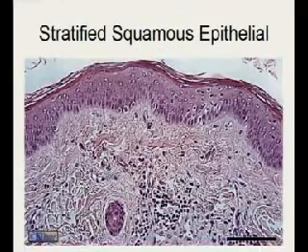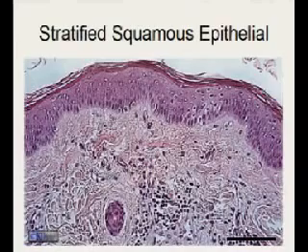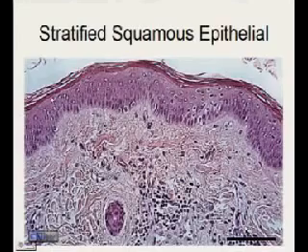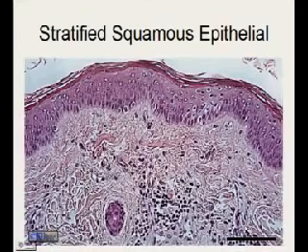Now, this is stratified squamous epithelium of the skin. You also can see in this structure that there's a level of callus formation on this tissue as well. So this stratified squamous epithelium also has another border on the surface of it that lets you know that it is consistent with skin.